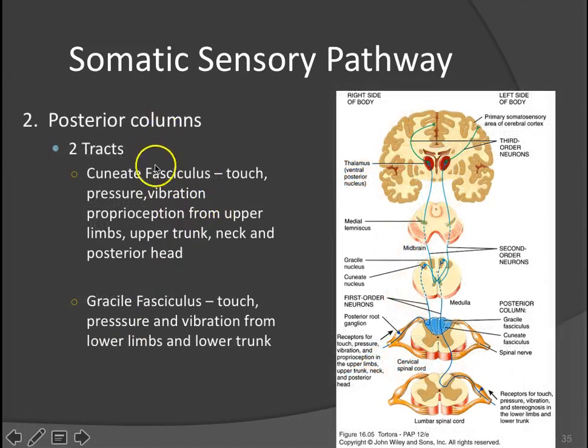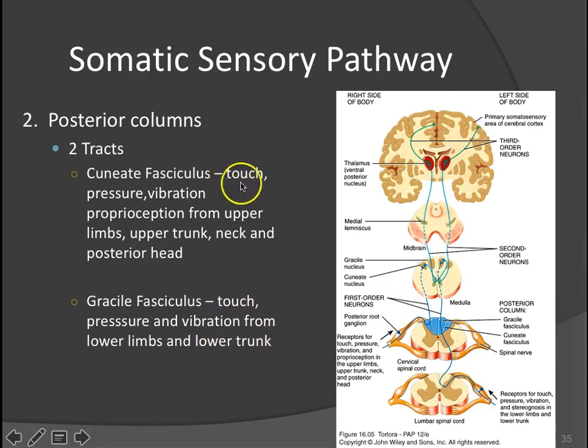Right? Another one, or another two I should say, are called the cuneate fasciculus and then the gracile fasciculus. And these are in that posterior column. So the two medial ones are the gracile fasciculi, and then the cuneate fasciculus on the left and right side.